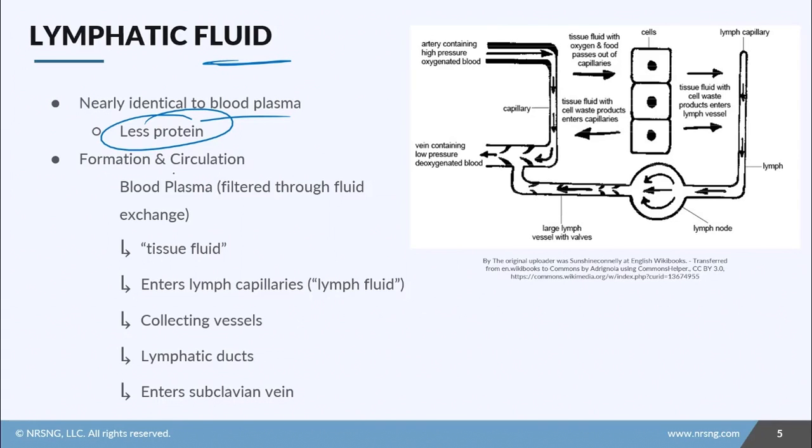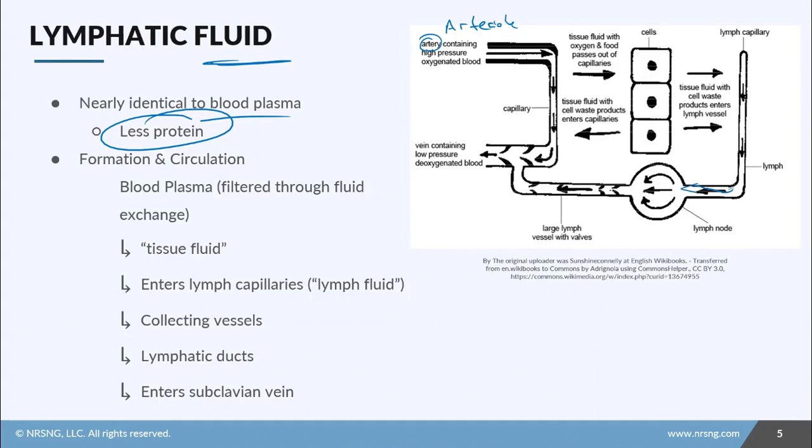And what's really important is the way it's formed and circulated. So blood plasma is going to be filtered through exchange. Remember, we talked about the arterial end at the capillary bed. You have that high pressure, and then what happens is fluid gets sent into the tissue. It's going to go into these cells. Well, it's got to get kicked back. Well, this is your lymph capillary, and this is your lymph vessel, and the fluid is inside here, and it's going that way.